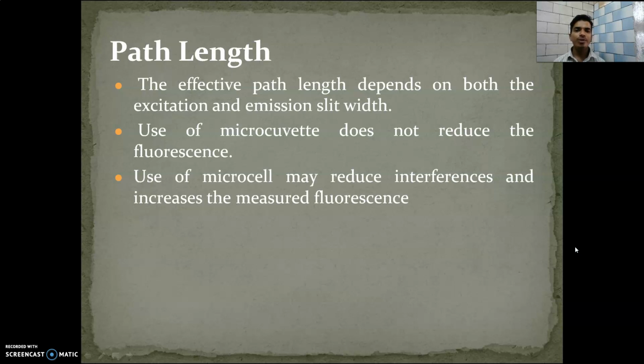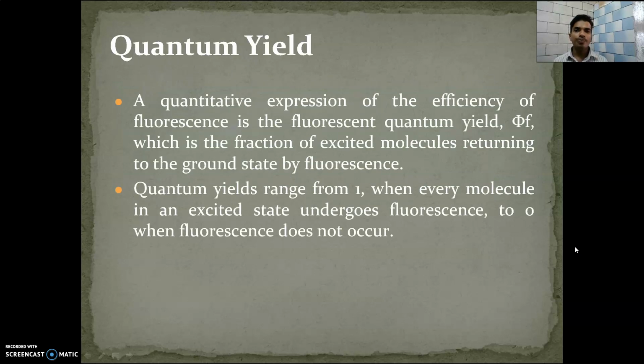Use of a microcuvette does not reduce the fluorescence, but use of a microcell may reduce the interference with an increase in the measured fluorescence. So path length also affects the intensity of the fluorescence.